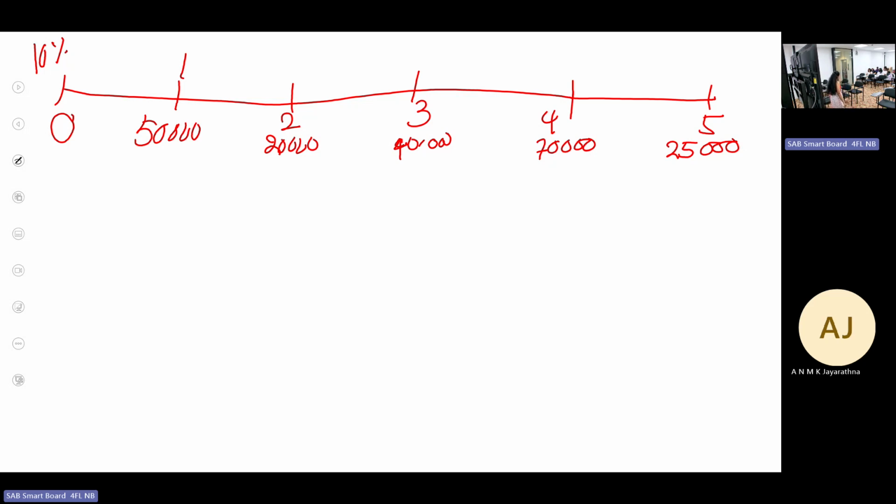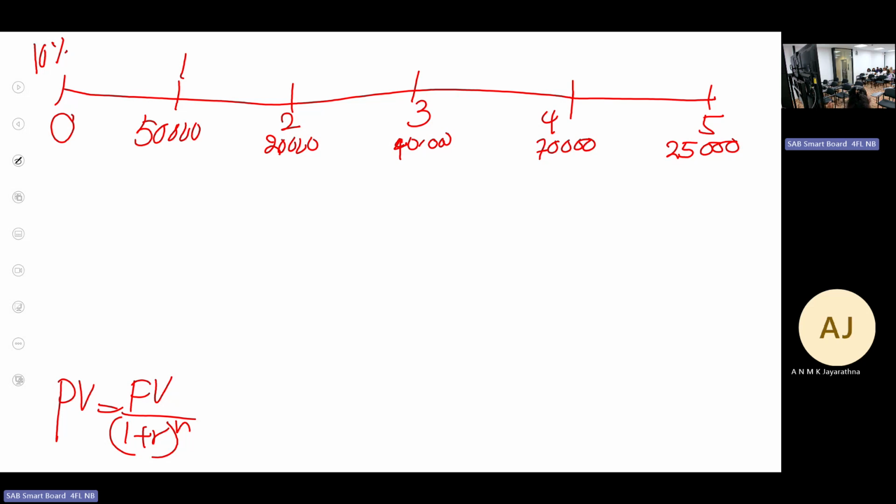Identify individual present values. How can we identify the individual present value? Just remember the present value formula: present value equals future value divided by 1 plus r to the power n. This is the basic formula. What should be our first task?